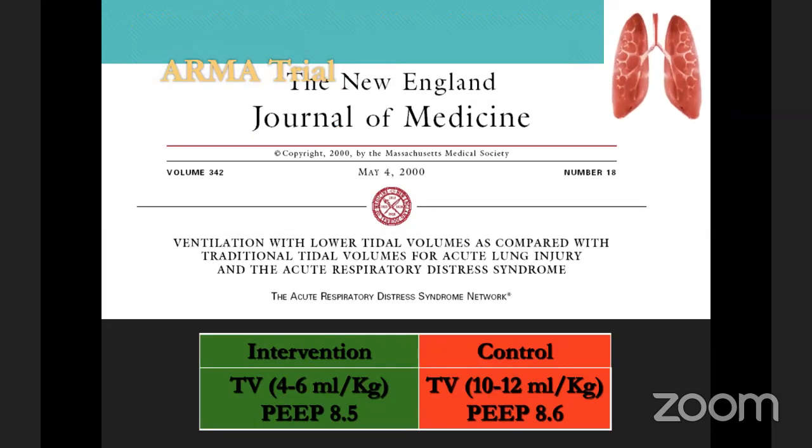They compared the intervention group to the control group. In the intervention group, the tidal volume they calculated was 4 to 6 ml per kg of ideal body weight, which is different from the actual body weight. So it's totally different, so you have to measure one by one. Forget the actual weight; here it is the ideal body weight.